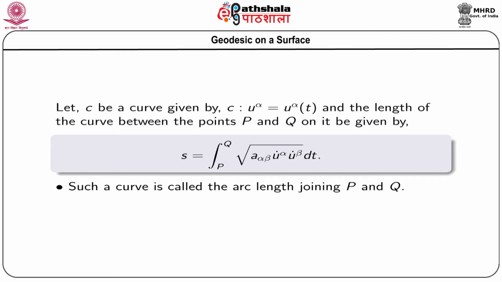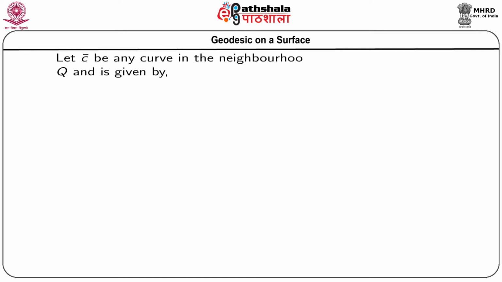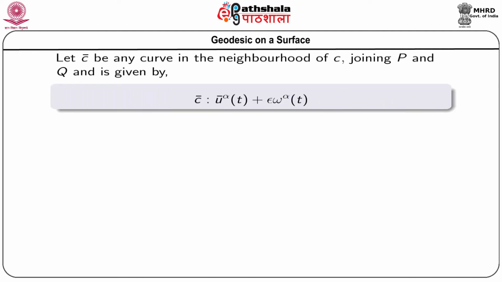Now, such a curve is called the arc length joining P and Q, because the integration has been done between P and Q. Let C bar be any other curve in the neighborhood of C joining P and Q, and it is given by ū^α(t) = u^α(t) + ε ω^α(t).